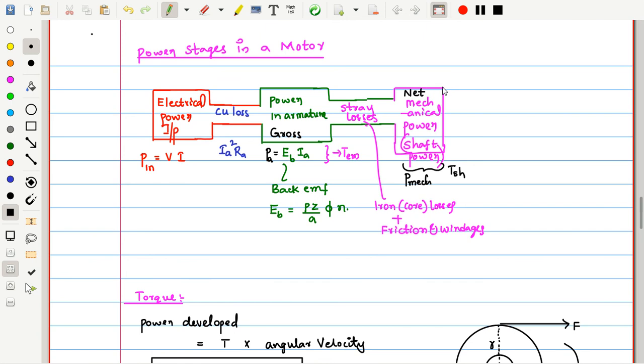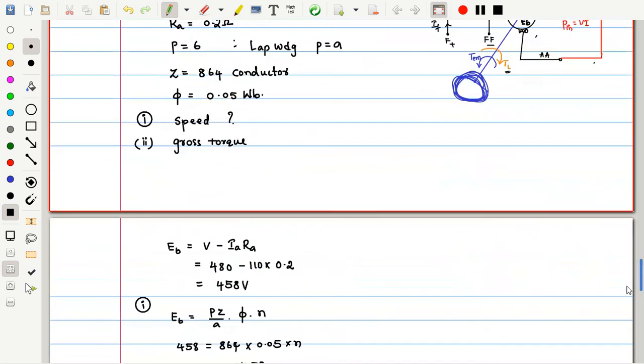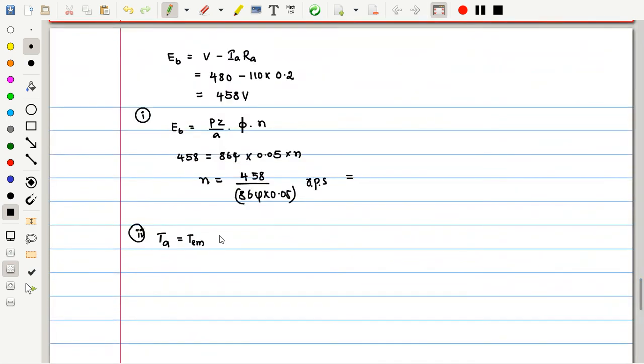Ultimately, after all the losses are subtracted, the net availability is this one. Gross means this amount of torque, but in reality it may not reach the shaft. Previously I said gross in the wrong way, so let us take the gross term over here and the net term over here. This is the net torque developed, this is the gross torque developed. Gross torque developed is equal to armature torque or electromagnetic torque.